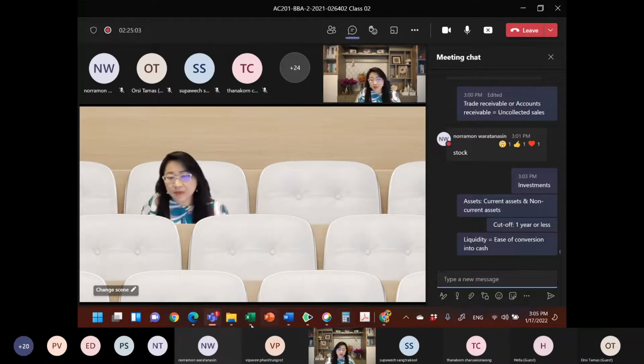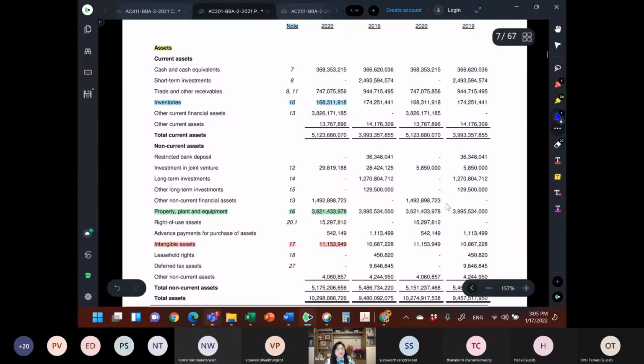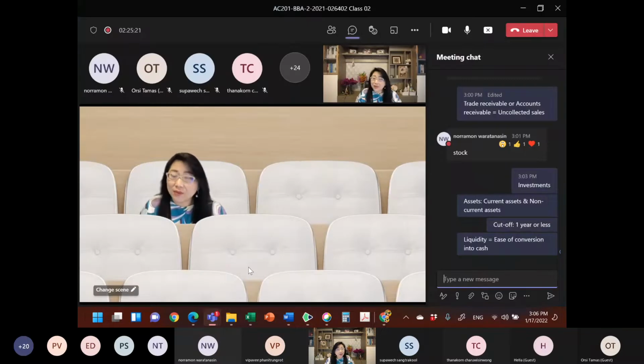So everyone look at this, please. The first asset that you would see here is cash and also cash equivalent. So this is the very first asset that you would see. Why so? Because cash is the asset with the highest level of liquidity.